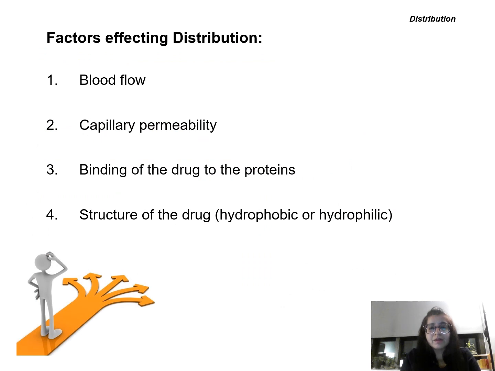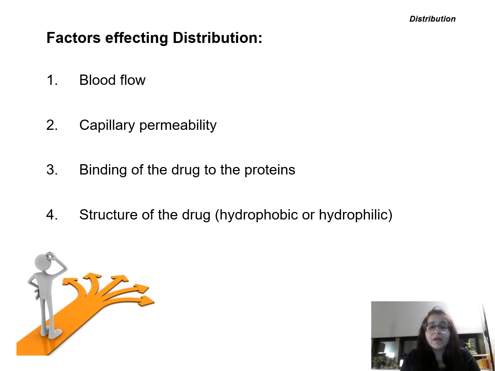The other factor that affects the distribution of the drug into the different body compartments is the capillary blood flow. If the blood flow is lesser, a lesser amount of drug would reach the different body compartments, and there would be less distribution of the drug.